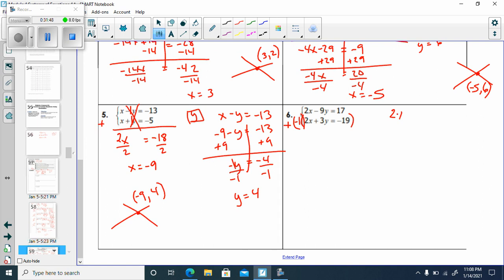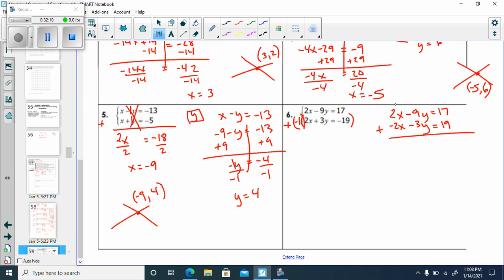Let's rewrite it so we can see it. 2x minus 9y is equal to 17, plus negative 1 times 2x is negative 2x. Negative 1 times 3y is negative 3y. Negative 1 times negative 19 is positive 19.